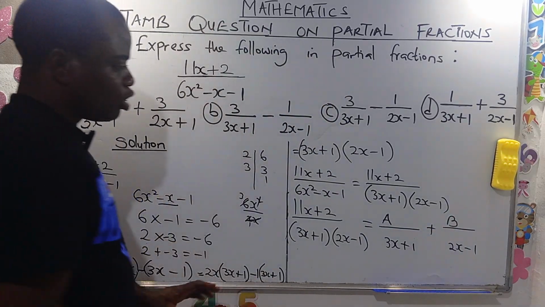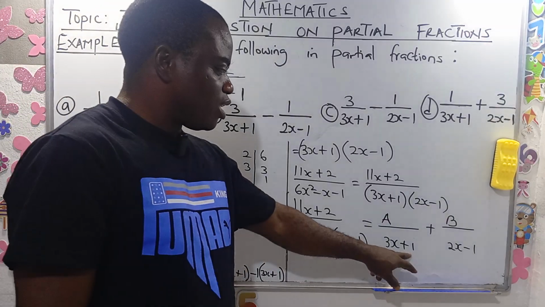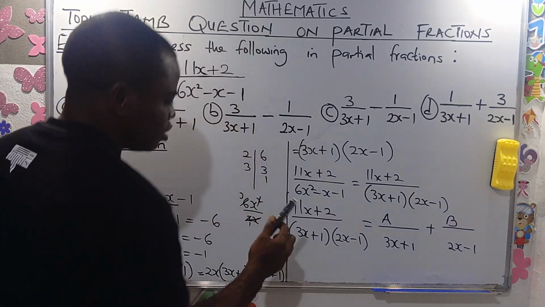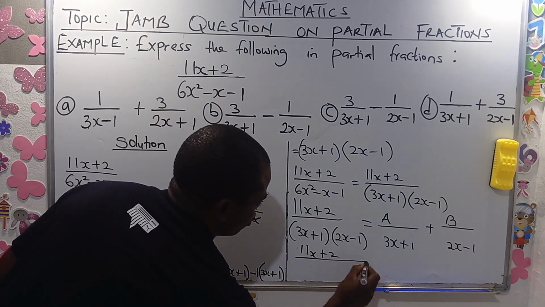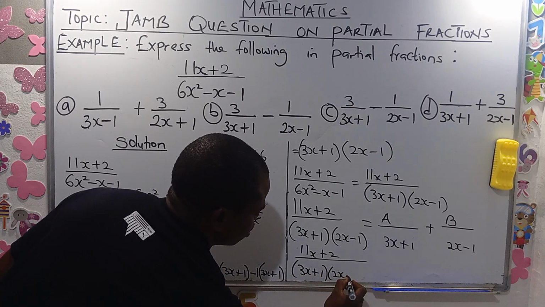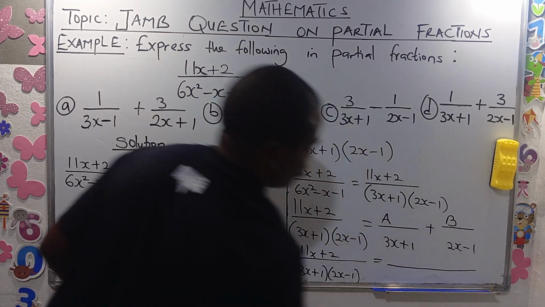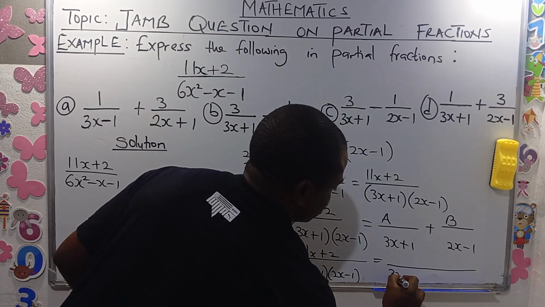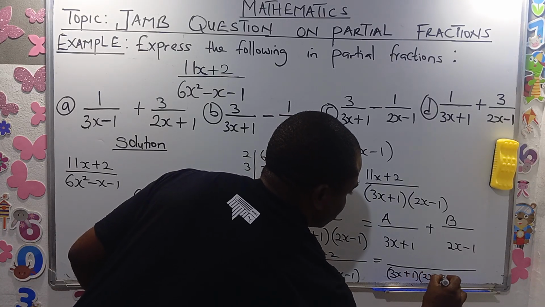Okay, now what we need to do is find the LCM of 3x plus 1 and 2x minus 1. Now it will be 11x plus 2 over 3x plus 1, 2x minus 1 equals, we find the LCM. LCM is 3x plus 1, 2x minus 1.